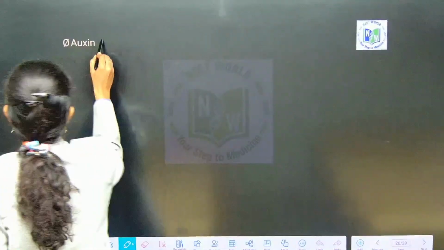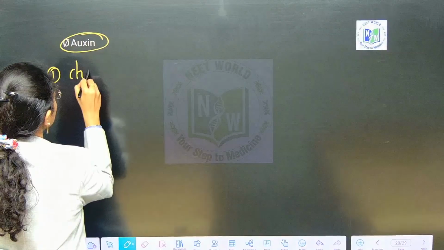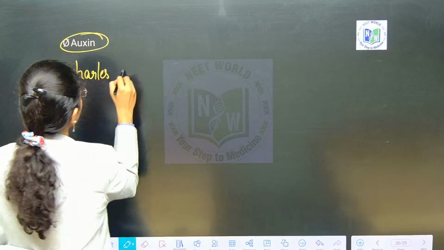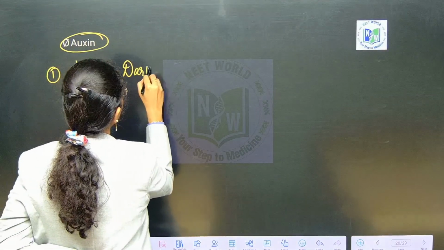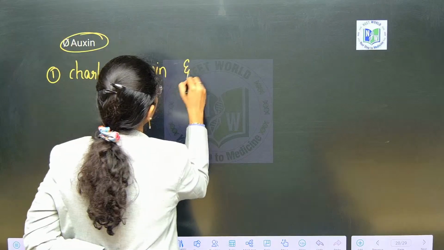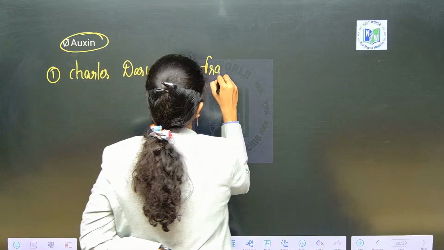Okay. Auxin. Who discovered auxin? It is first by Charles Darwin and Francis Darwin.